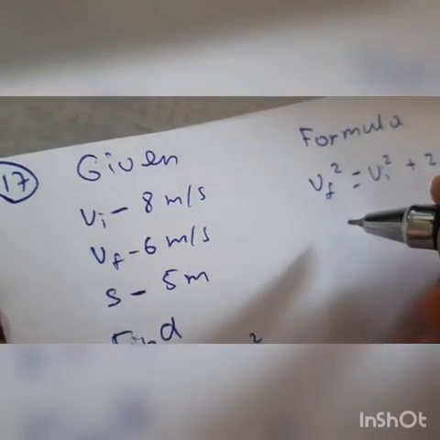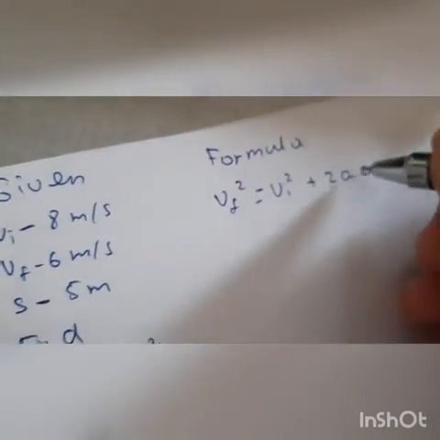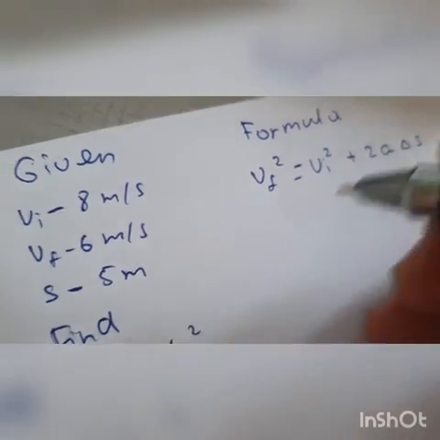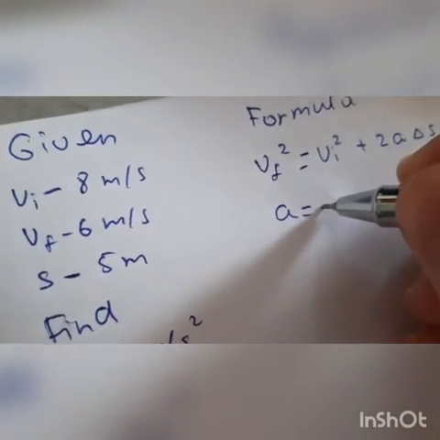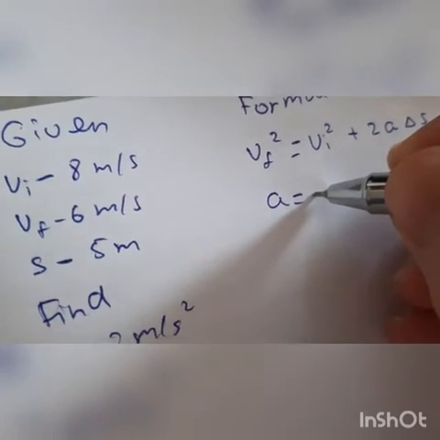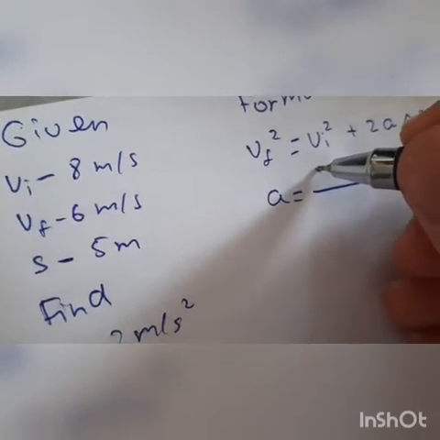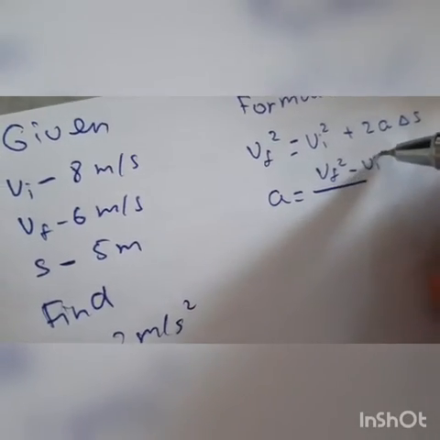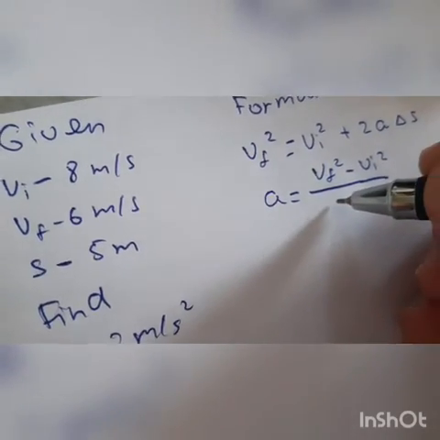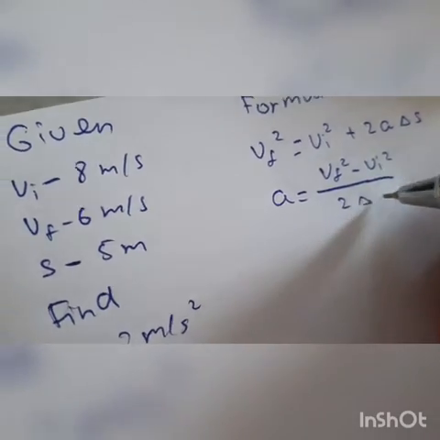And we need to find acceleration, so we change these places, and we write acceleration equal to v final squared minus v initial squared divided by 2 delta s.